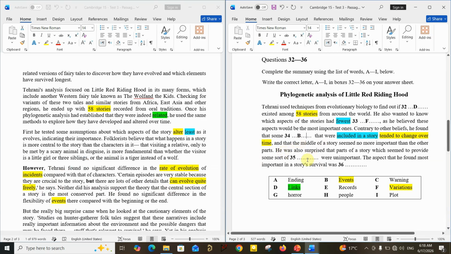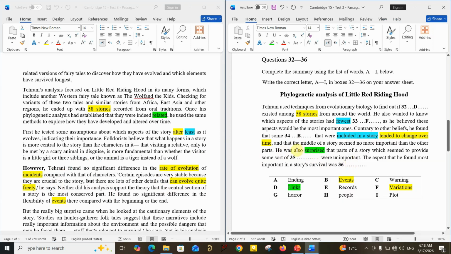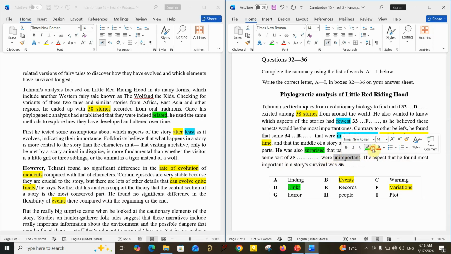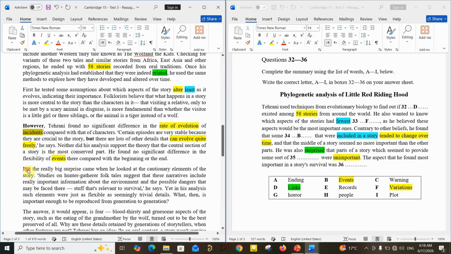Next question. He was also surprised. Really an obvious keyword to look for. That parts of a story which seem to provide some sort of what were unimportant. So surprised. But important vocabulary to notice.